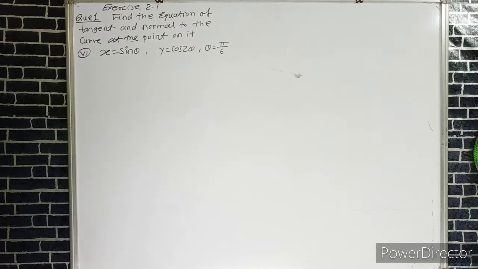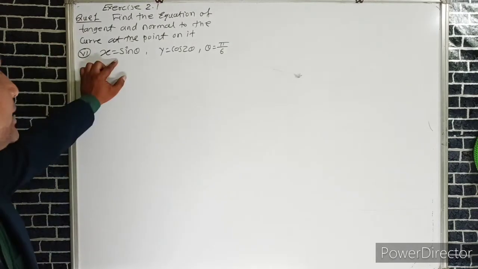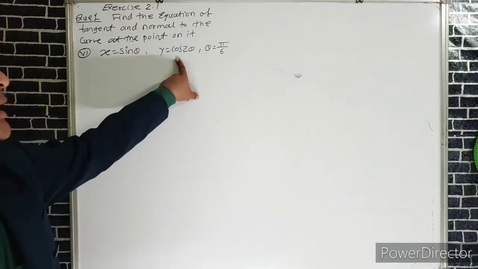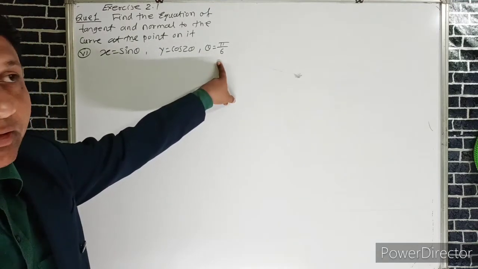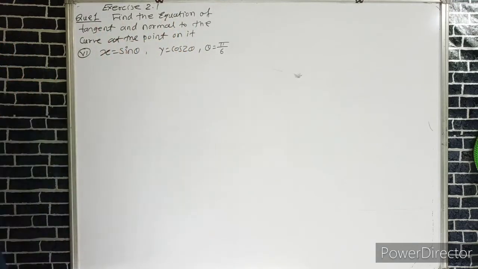So here, again, example number 6: x is equal to sin theta, y is equal to cos 2 theta, at theta equal to pi by 6. Here we have to find the equation of the tangent and the equation of the normal.